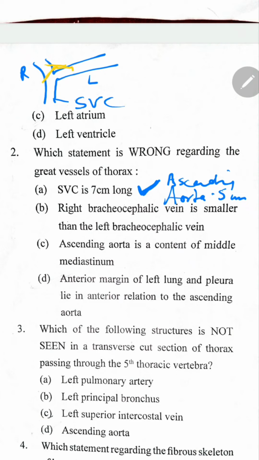Remember that your manubrium sterni lies here. If it's asked what lies behind the upper portion of the manubrium sterni, the answer is the left brachiocephalic vein. And what lies below, behind the lower half of the manubrium, the answer is the arch of aorta.